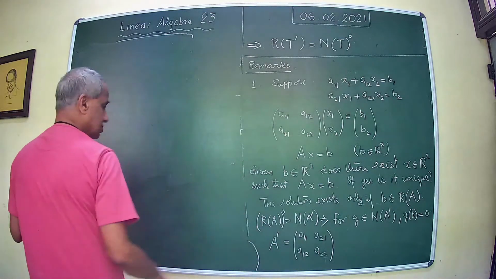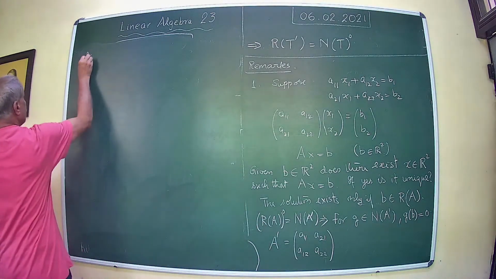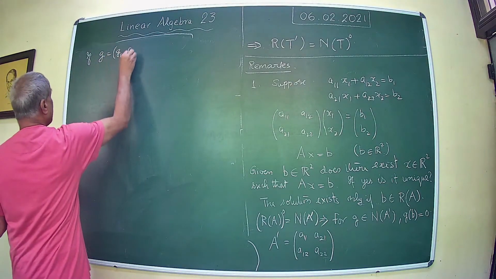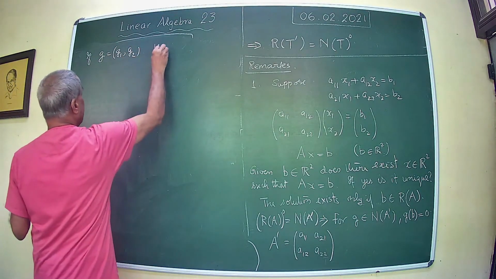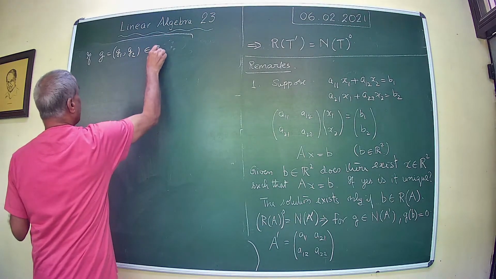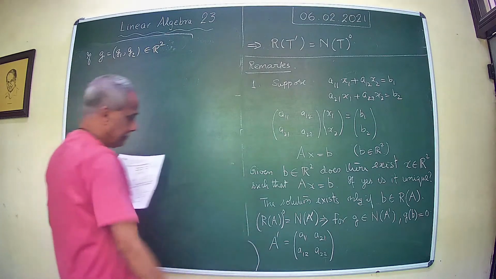Okay. So if G is equal to G1, G2, then this is again in R2. Okay.